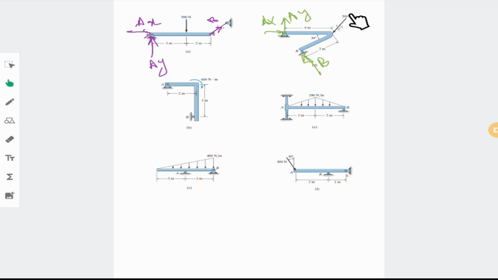We don't care about that, it's applied on the system, and we need to consider it in sigma of x, sigma of y, and sigma M. But the point here is how to replace this, and we have just one unknown, which is the magnitude of force B.